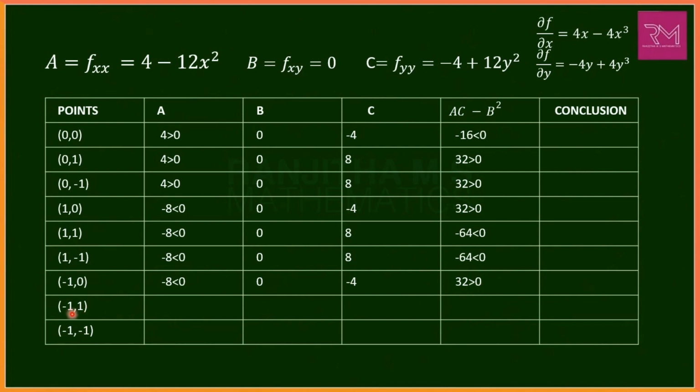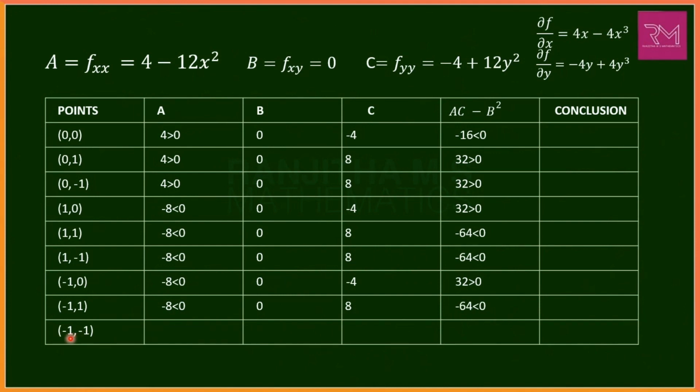Now we put x as minus 1, y as 1. Minus 1 whole square, hence we get 4 minus 12 is minus 8, which is less than 0. Here B value is 0 and for C we put y value as 1, hence minus 4 plus 12 is plus 8. So AC minus B square is minus 8 into 8, hence we get minus 64, which is less than 0.